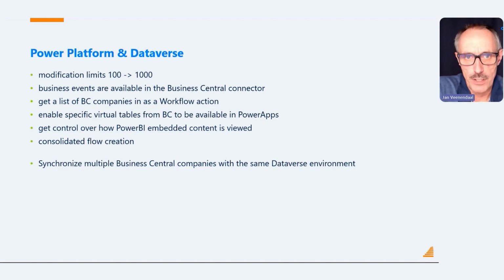The business events are now available in the Business Central connector. And we have an extra action, a workflow action, where you can get a list of Business Central companies that are available in the environments that you are linked to as a Power App. And you can loop through that.